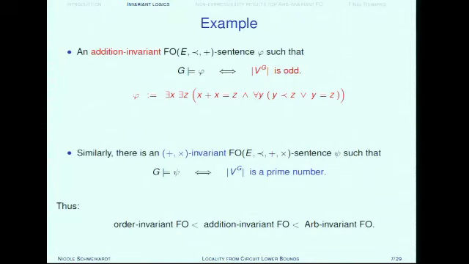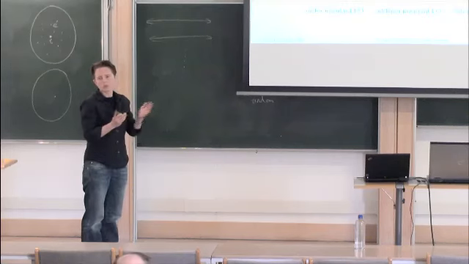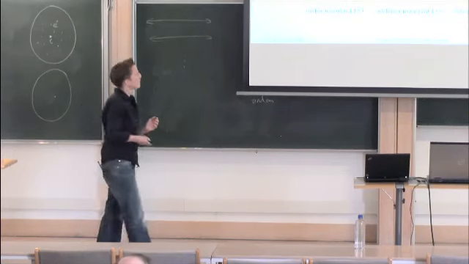Why? Because you can't say that the size of your universe is a prime number by just using addition. Addition invariant first order logic is strictly more expressive than just order invariant first order logic, because you cannot express in order invariant first order logic that your universe is of even size.